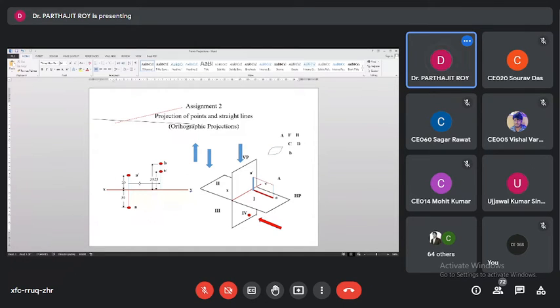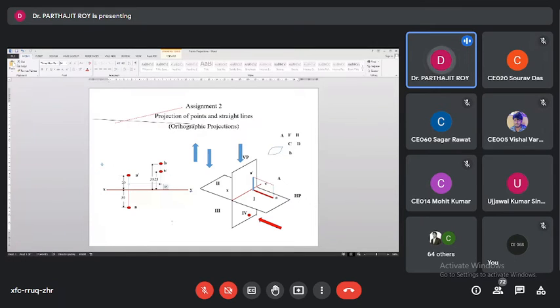Are you getting it? So this is the arrow. This distance is equal to the 25 or 30 or 35, whatever is given in the question. This distance need not be shown, just maintain a distance of 30 millimeter or 25 millimeter as per the question.